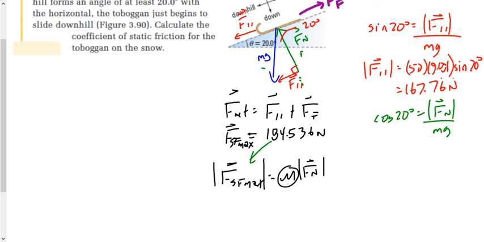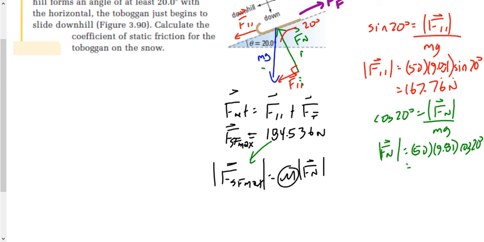Does it really matter which way we do it? No, not really. The one downside to the Pythagorean theorem is if I made a mistake with F parallel, that mistake's going to carry through. Fn is equal to mg, which is 50 times 9.81 times cosine 20 degrees.